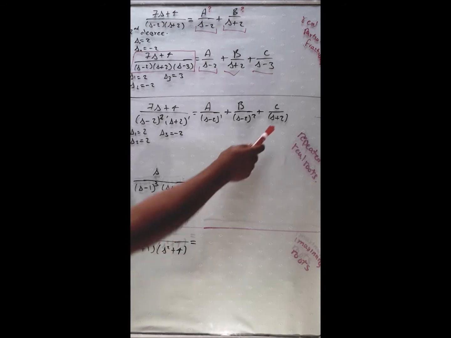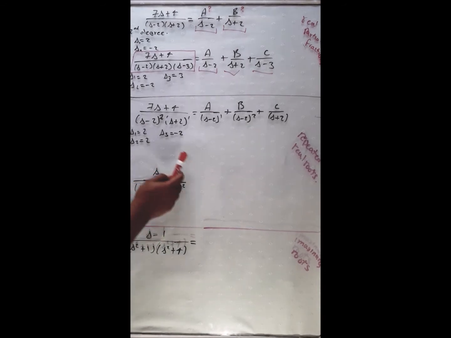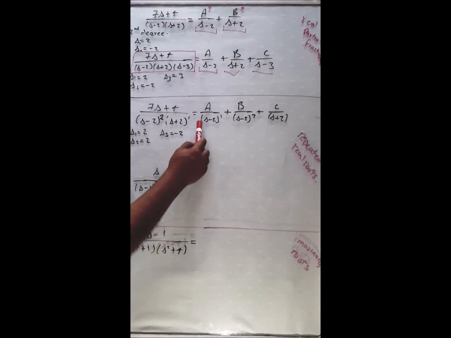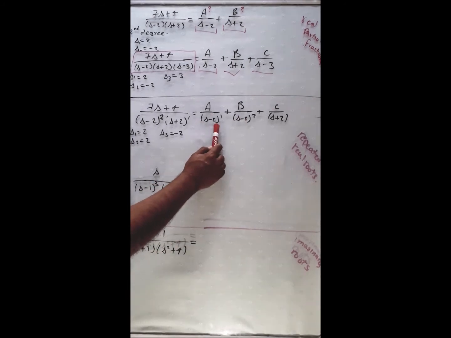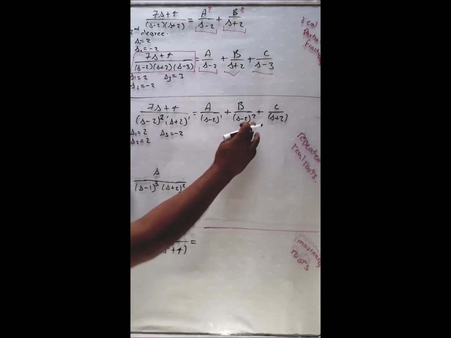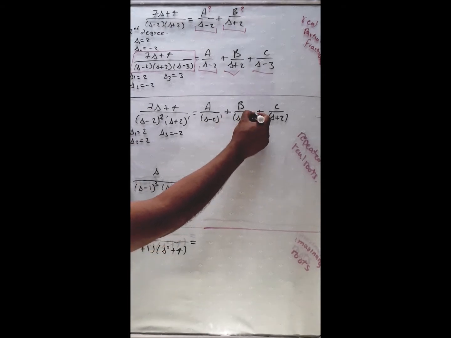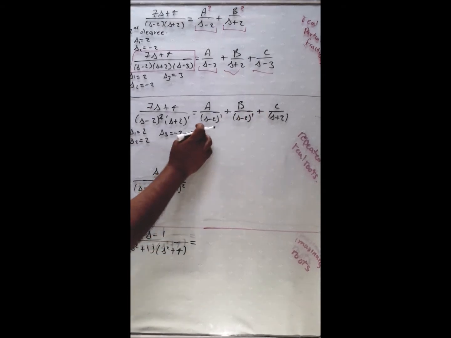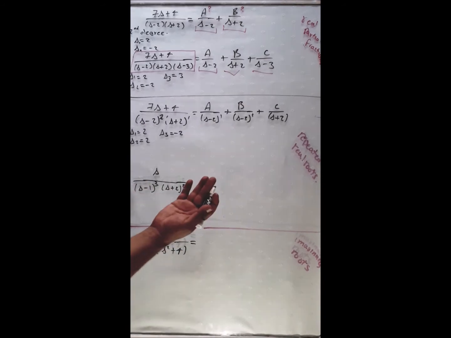Okay, now the last one is the partial fraction for this root. But what about this one? Well, this one, s minus 2, is for the first root, and this one is for the second root, which is repeated. Now, we cannot write it like this, s minus 2 power 1, because these two partial fractions would be the same.